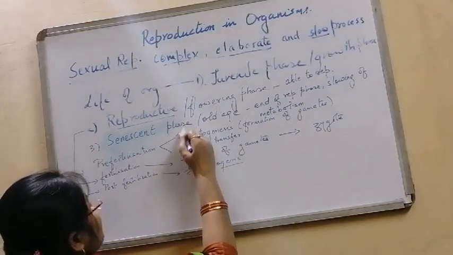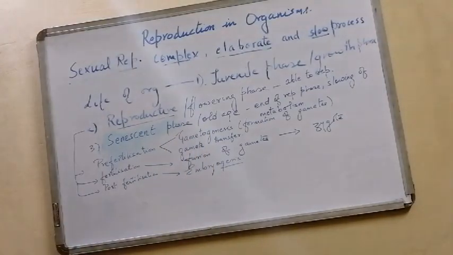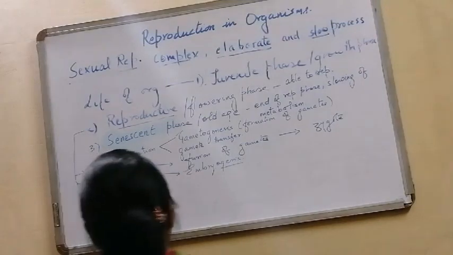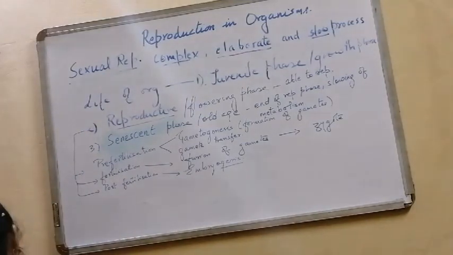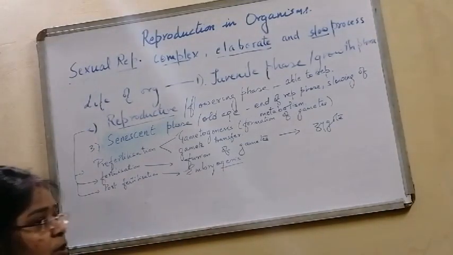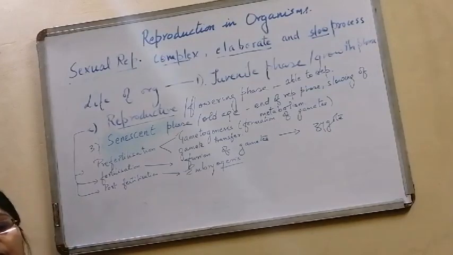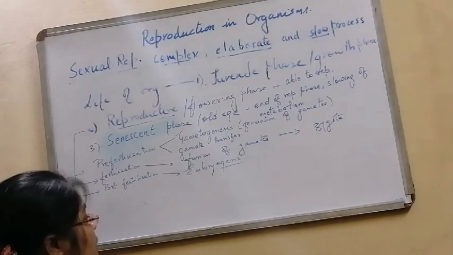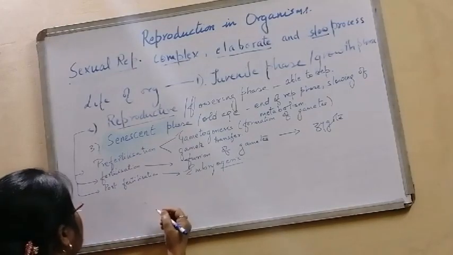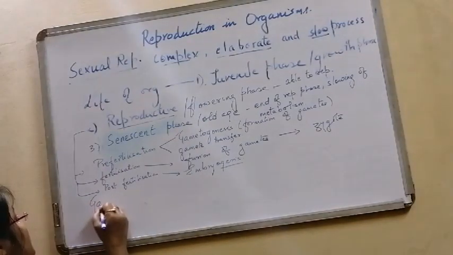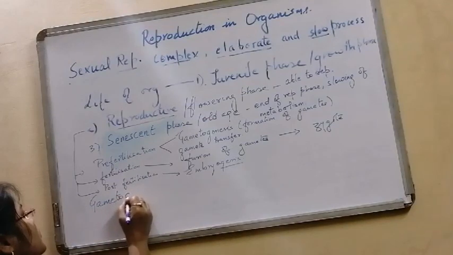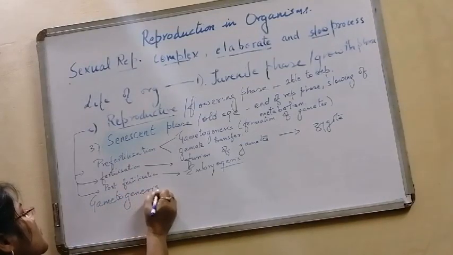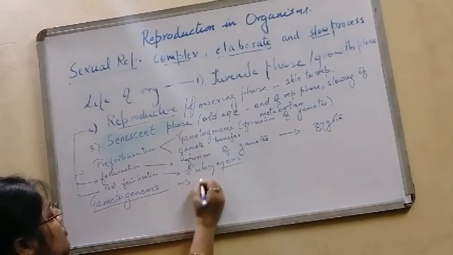Firstly, we are going to take up gametogenesis. In the previous class I talked to you about how these gametes are formed and what kind of cell division is responsible for that. Another technical term I am going to use is meiocytes.